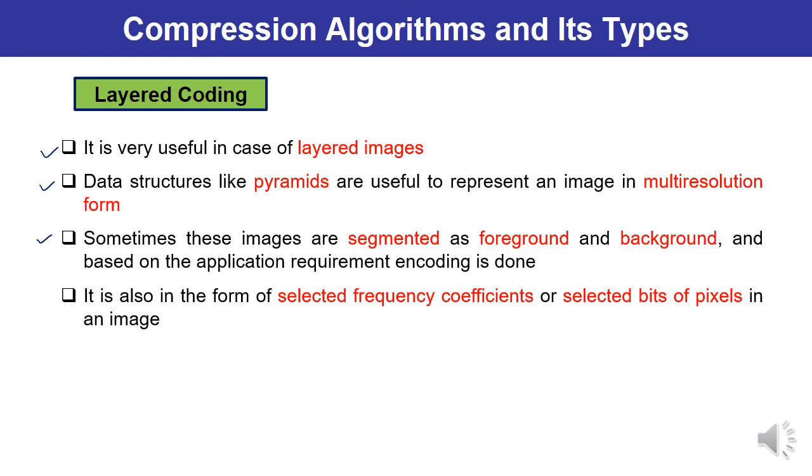Layered coding can also be in the form of selected frequency coefficients or selected bits of the pixels. It is not mandatory that this operation is applied on the entire image. On certain frequency coefficients or on selected bits of pixels, this coding can be applied.